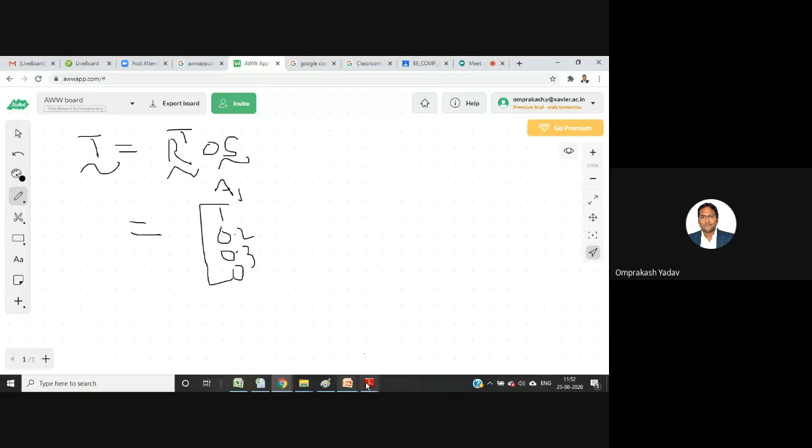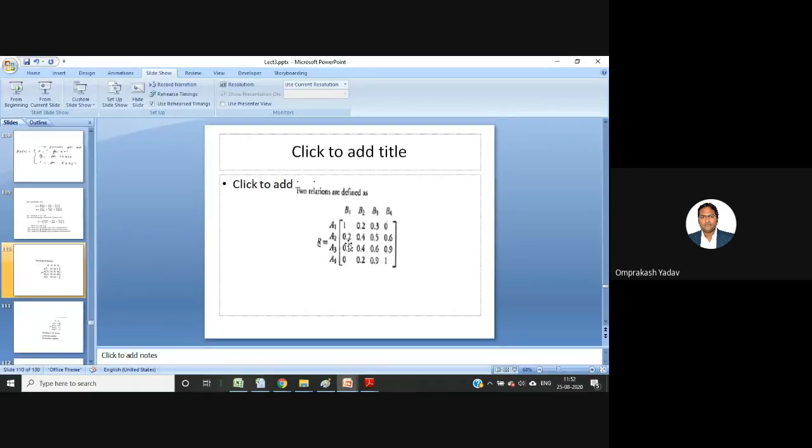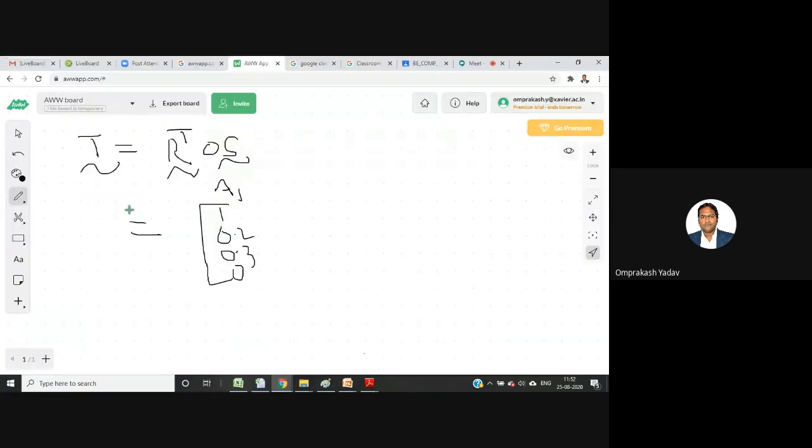Similarly, if you see the next row is what 0.2, 0.4, 0.5, and 0.6, that is A2. And this is column. So now column will become what? Row. If you see here, this one I will write B1.